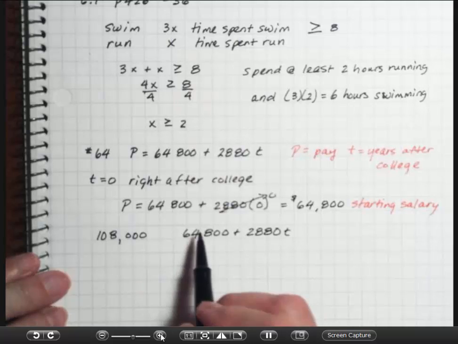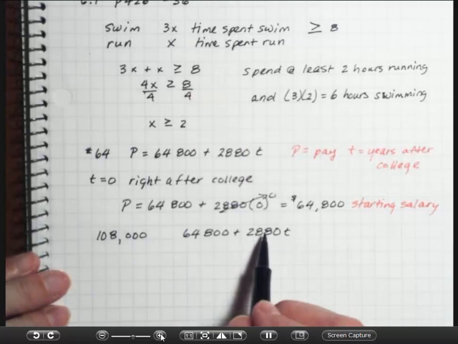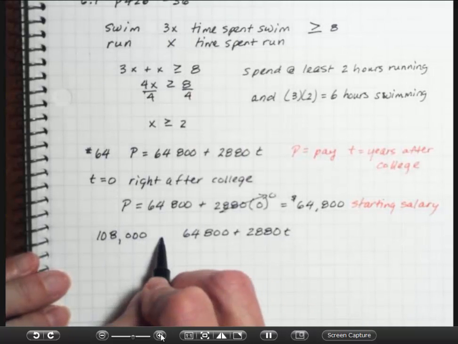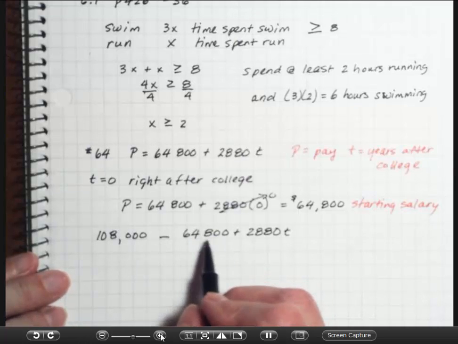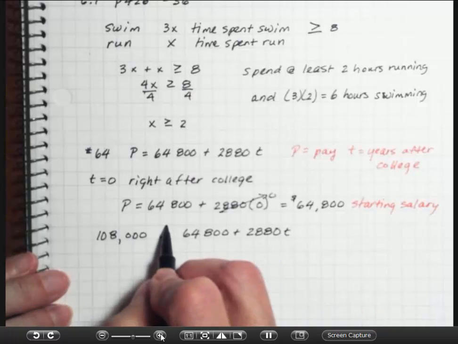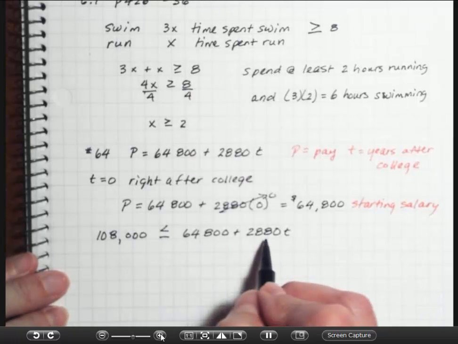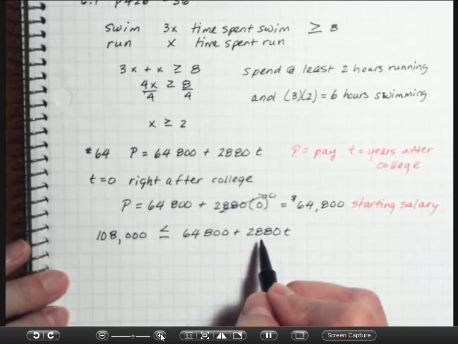So at least means we want this to be either equal to or more. So that's the inequality we need to solve.